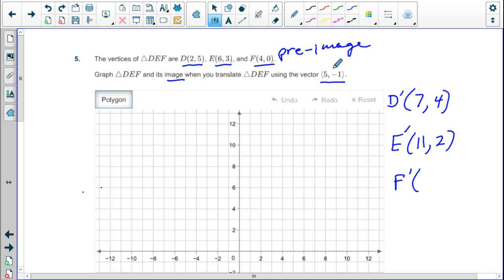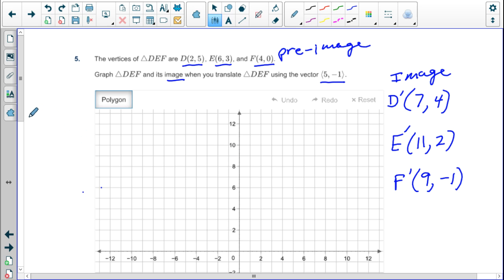We're going to add 5 and subtract 1. So 4 plus 5 is 9, and 0 minus 1 is negative 1, like that. So that's going to be our image, right? So that's the pre-image, and then this is our image right here.